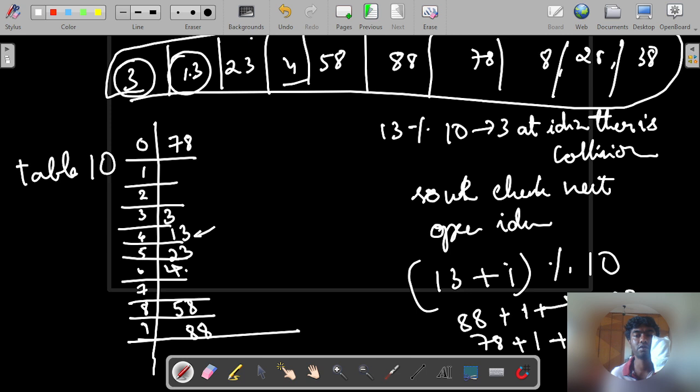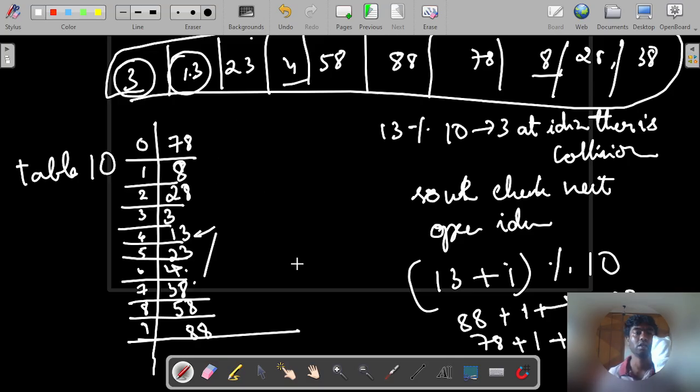80 modulus of 10 bucket size will give us 0, which is an empty index, so this goes here. Similarly here, this goes to 11 and this goes here, and lastly this is 28 here, and 38 eventually moves to here because all the other values are filled.